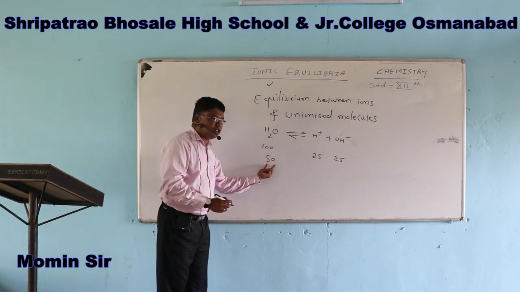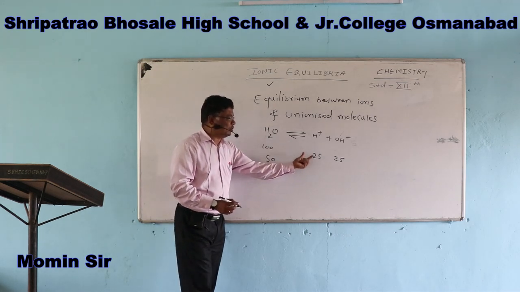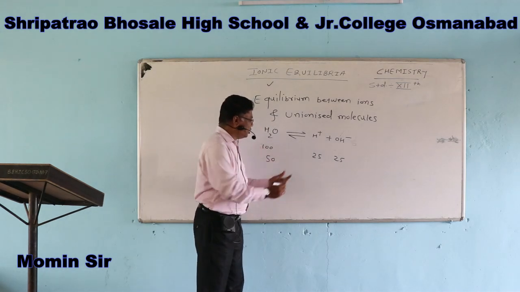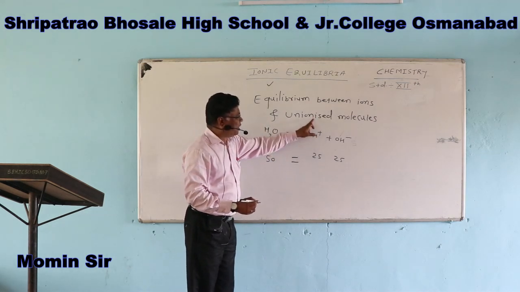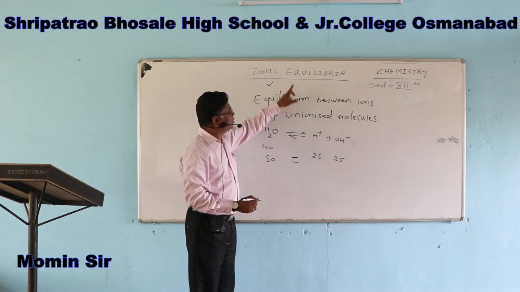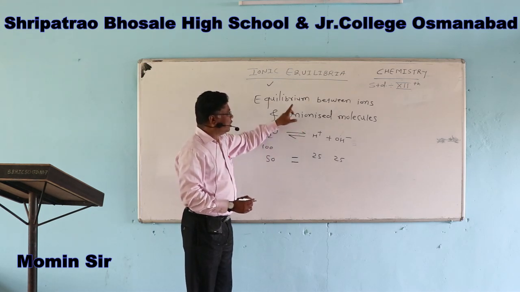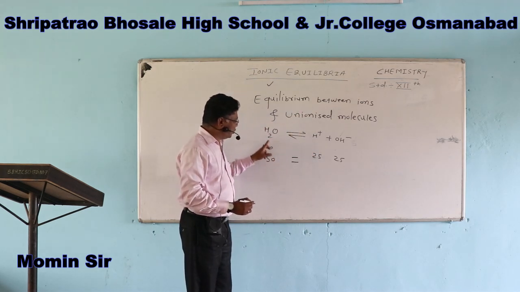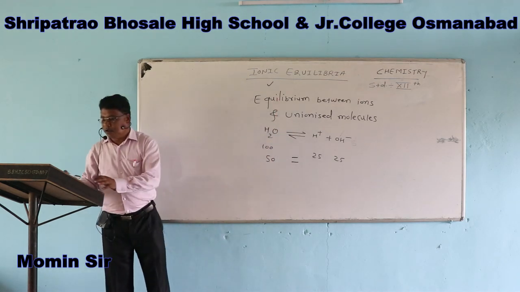That means the equilibrium is established between ions and unionized molecules. That is called ionic equilibrium. So what is called ionic equilibrium? Equilibrium between ions and unionized molecules is called ionic equilibrium.